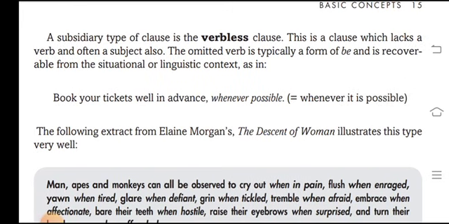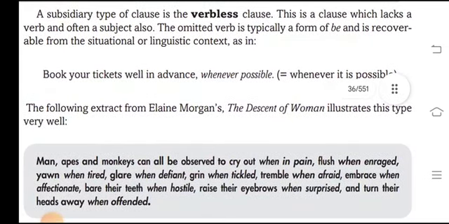Also, the omitted verb is typically a form of be and is recoverable from the situational or linguistic context, as in "Book your ticket well in advance whenever possible", and whenever it is possible. The following extract from Elaine Morgan's The Descent of Woman illustrates this type very well.